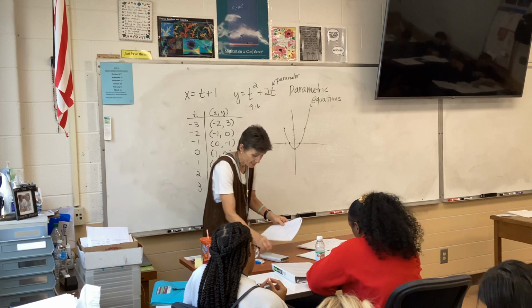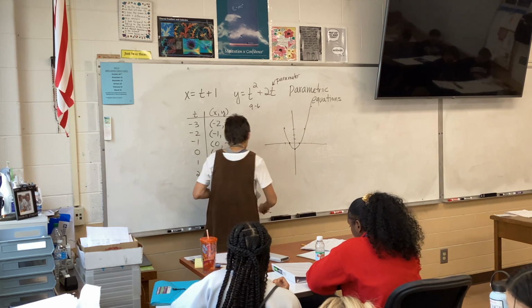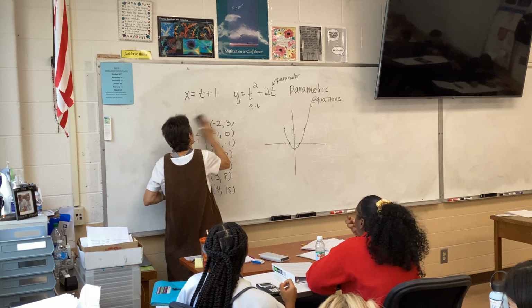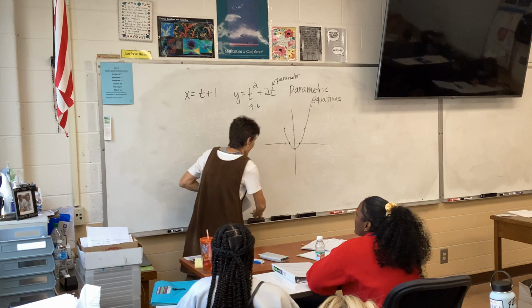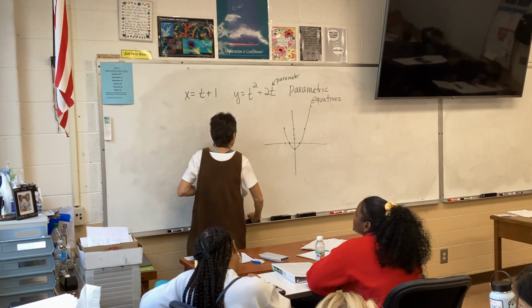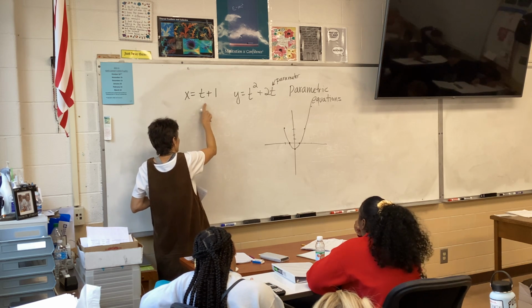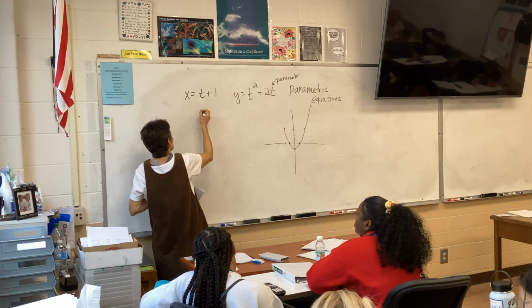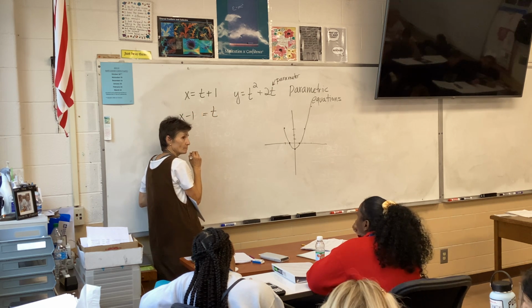We have to do letter B, and then we'll be done. Letter B says, write the equation of that parabola. Kids, that is so easy to do. Look at this x equation. Would you agree that t equals x minus 1?